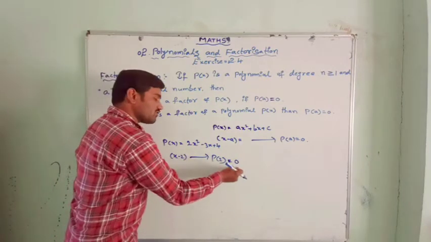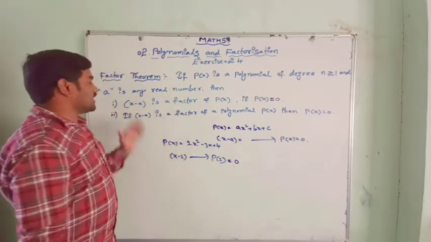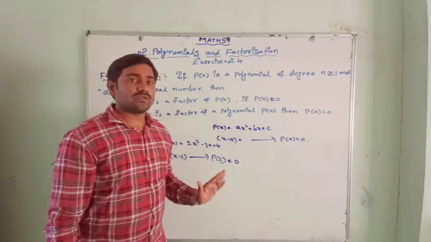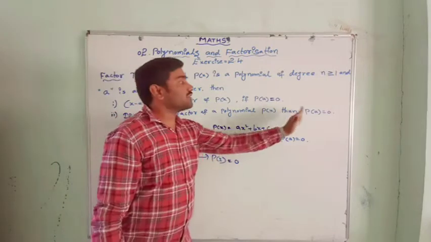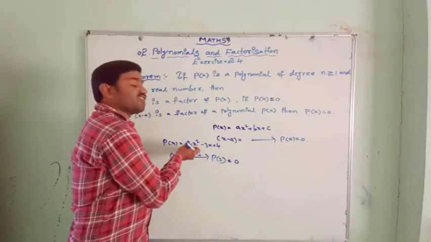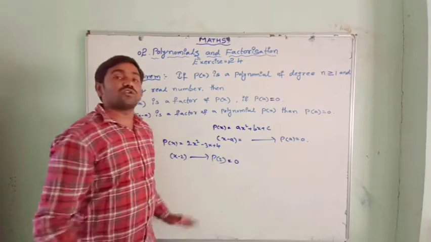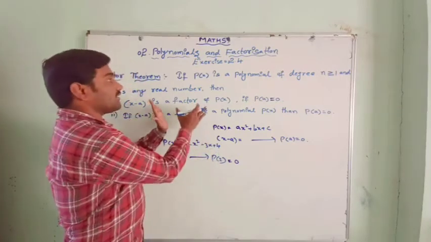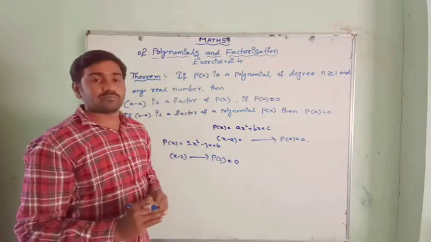That's what these two conditions tell us. x minus a is a factor of p of x if p of a equals 0, and if x minus a is a factor of a polynomial p of x, then p of a equals 0. This is a general example to understand the factor theorem.